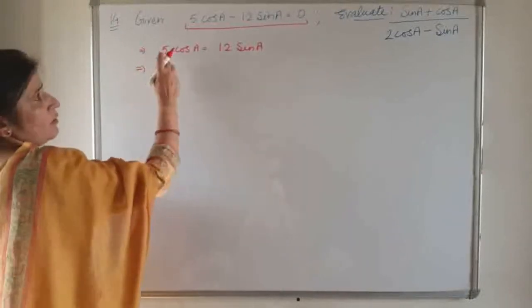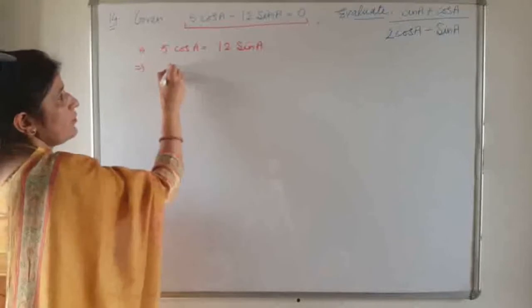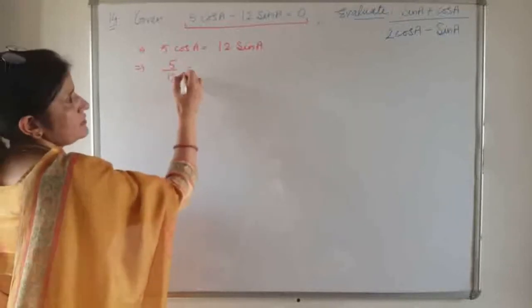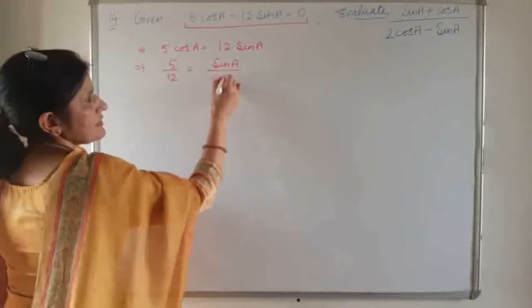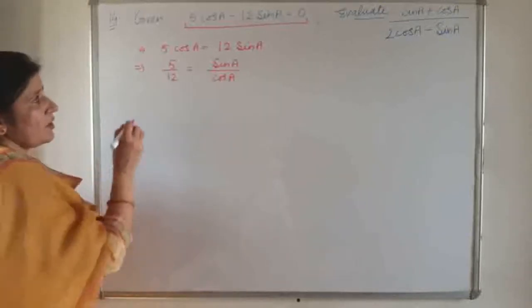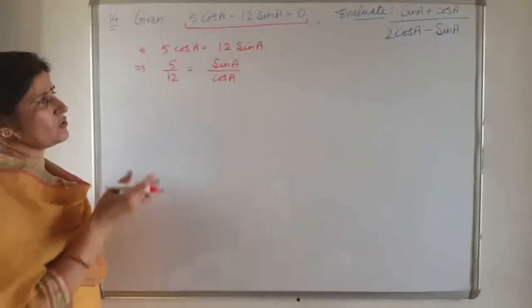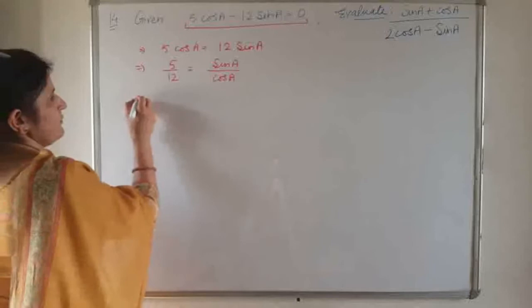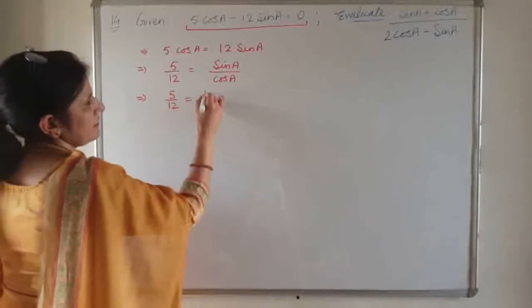So, on one side you take all the numbers and on one side you take the angles. 5 upon 12 equals sin A upon cos A. Now, sin A upon cos A represents tan A. You can change it, or otherwise you can keep it like this also. So, 5 upon 12 equals tan A.